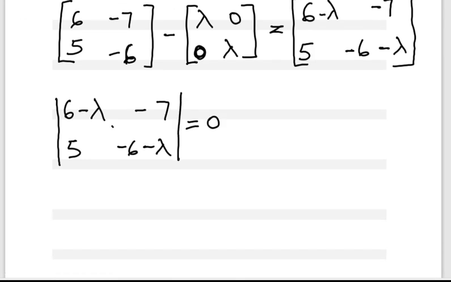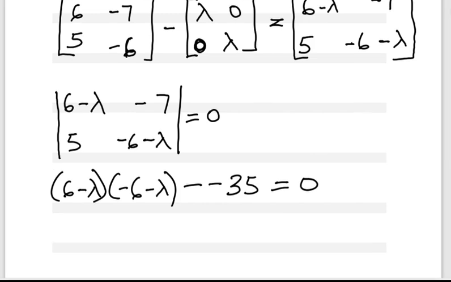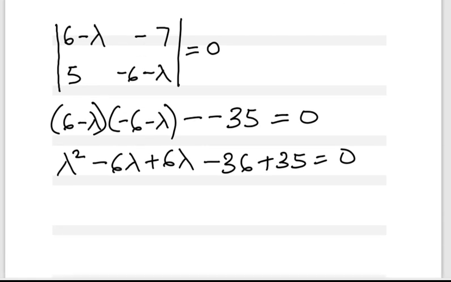To find the determinant, we multiply the diagonal entries and subtract the product of the other two. This gives us 6 minus lambda times negative 6 minus lambda, minus 5 times negative 7, which is negative 35, equals 0. Simplifying, we get lambda squared minus 6 lambda plus 6 lambda minus 36 plus 35, equals 0. So lambda squared minus 1 equals 0.